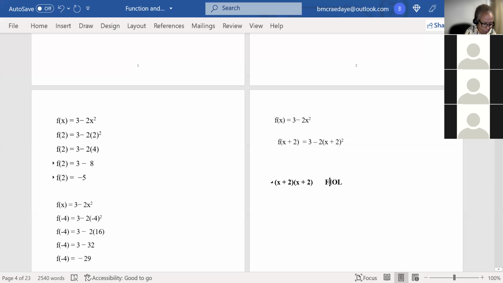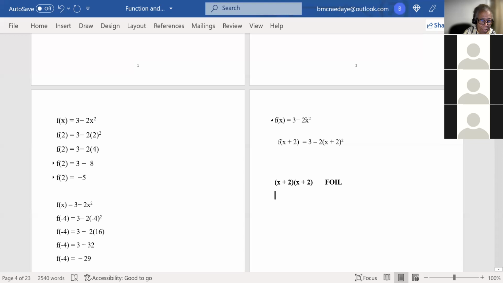FOIL: first, outer, inner, last. That's right. You know that. FOIL to help you remember it. So you have first, that would be your X squared. Then you have your outer, X and 2, and then you have your inner, X and 2, and then you have your last, 2 times 2. So what does that give you, Audrey? We'll get to that part yet.